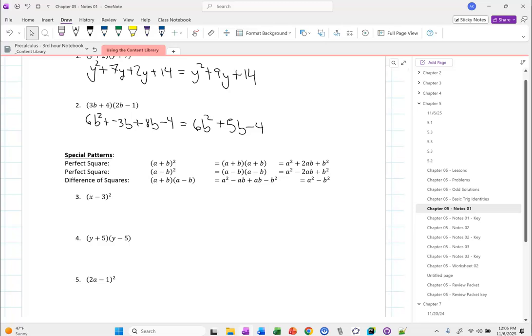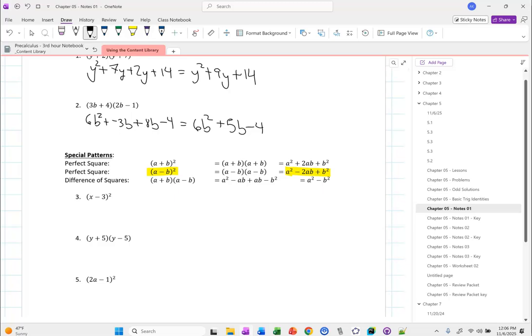So if I wanted to do x minus 3 quantity squared, and I wanted to use the factoring pattern rather than rewriting it as a FOIL problem, how would I write this?